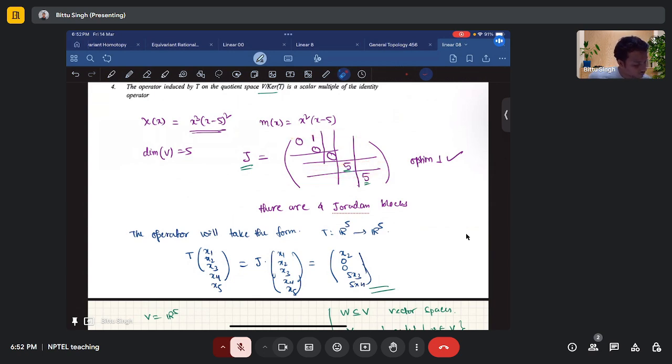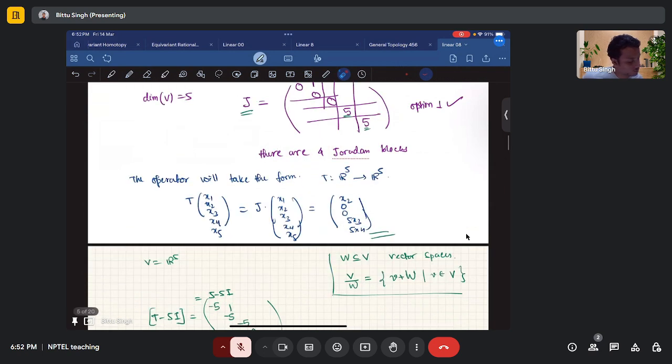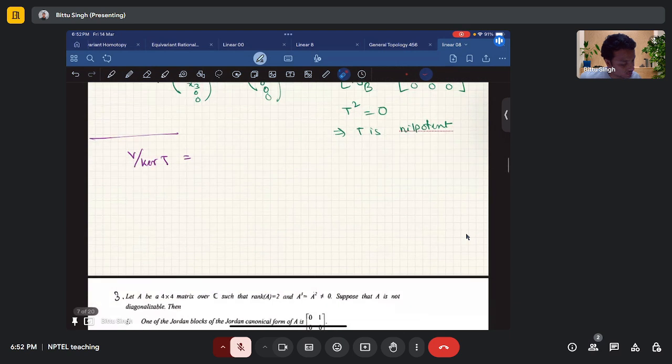So rank must be 3. Therefore nullity is 2, and we can see that the first row and third row, those two, are actually 0 rows. So the null space, or kernel of T, can be written like this.